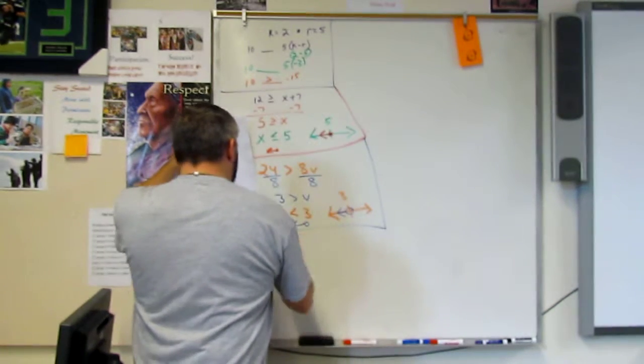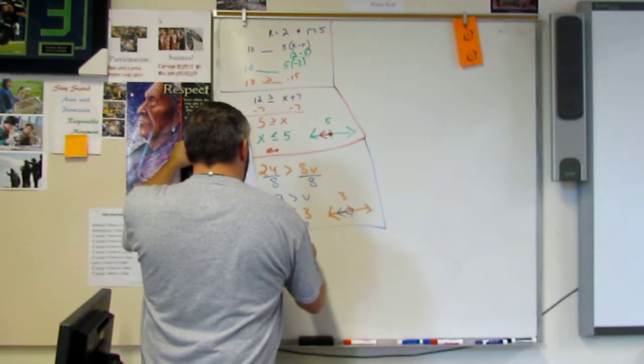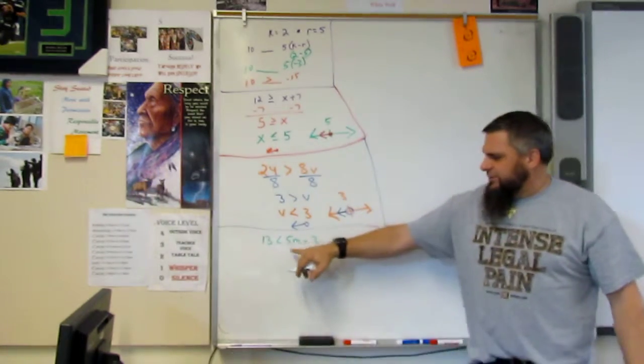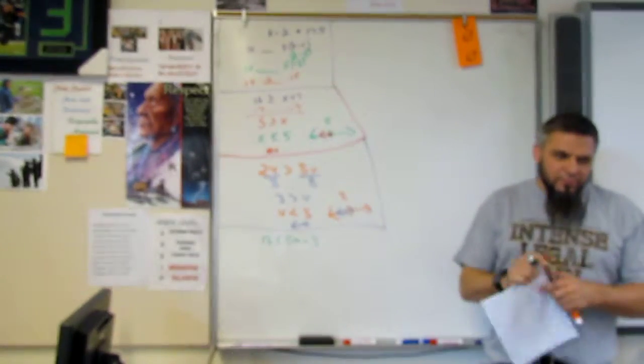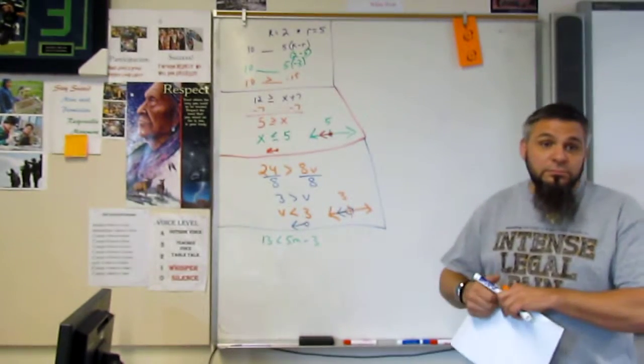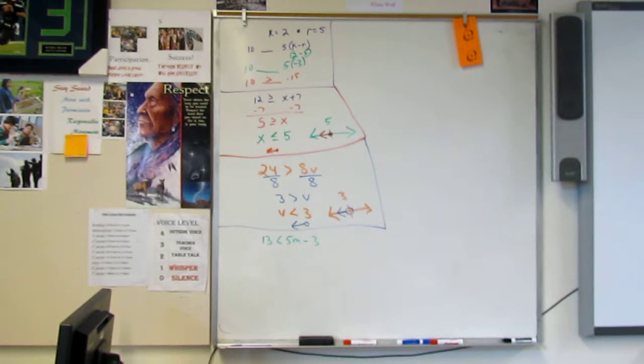And 5 says 13 is less than 5m minus 3. So 13 is less than 5m minus 3. And so what do I do first? Can I see your paper? Anything on there?